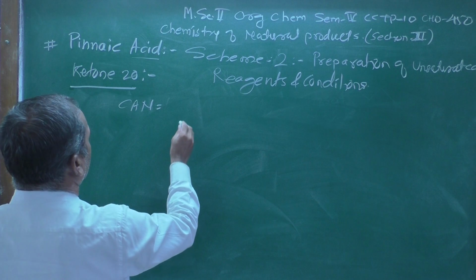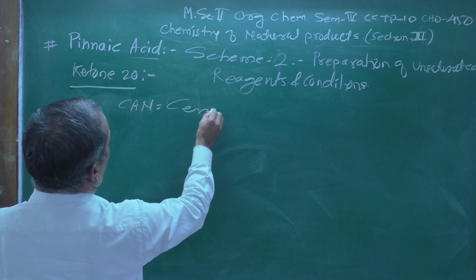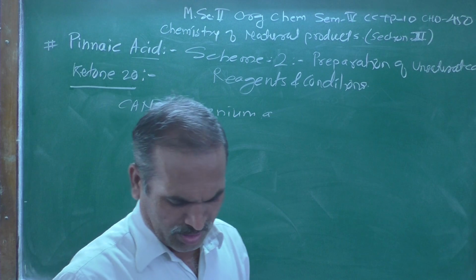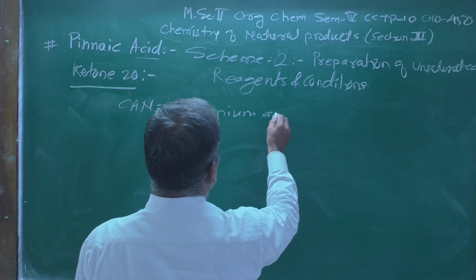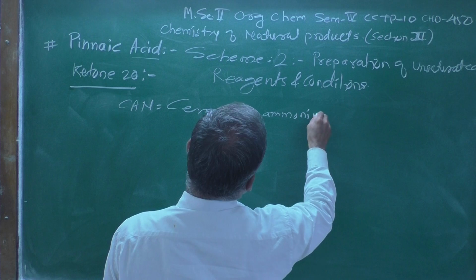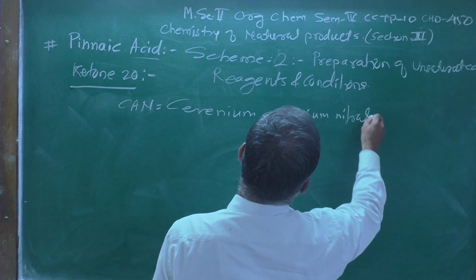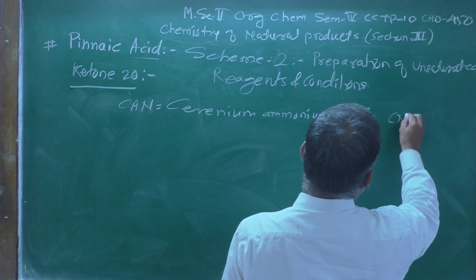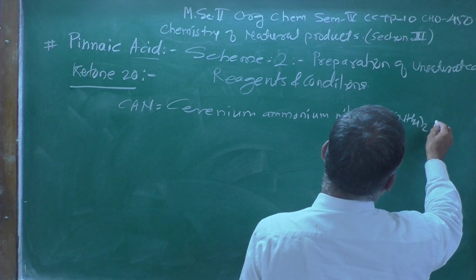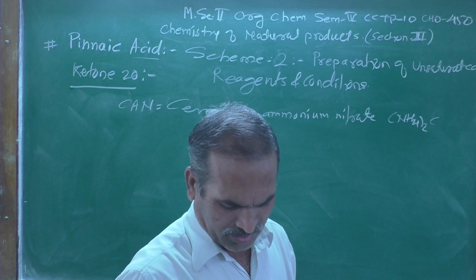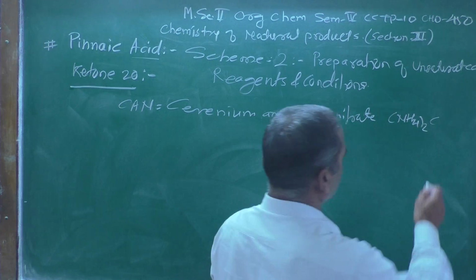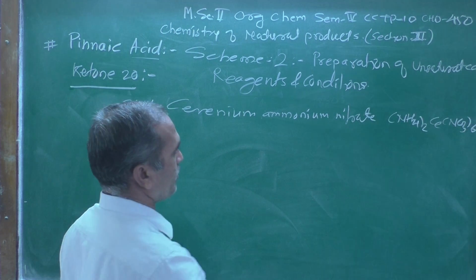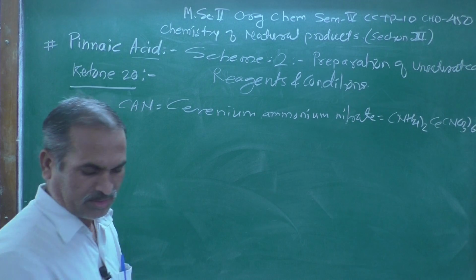CAN means cerium ammonium nitrate, and the formula is (NH4)2Ce(NO3)6. That is the formula used for it.